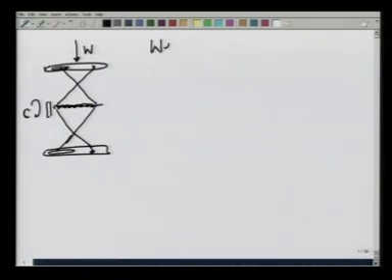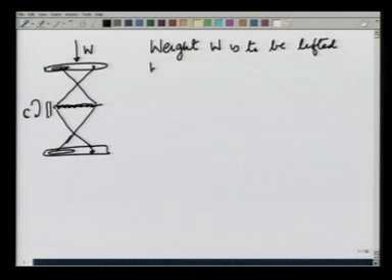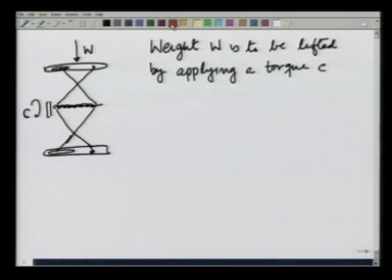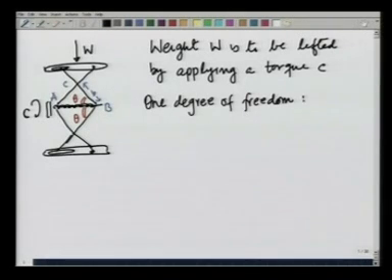So, the weight W is to be lifted by applying a torque C. You are given that this angle is theta and so is this, and this length is B. Let us also call these points A, B, C. You can again see that there is only 1 degree of freedom, and that is the angle theta.